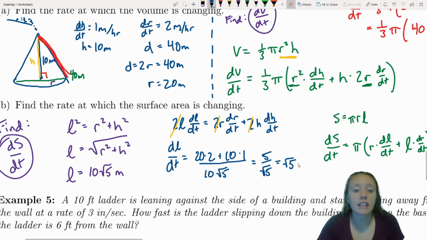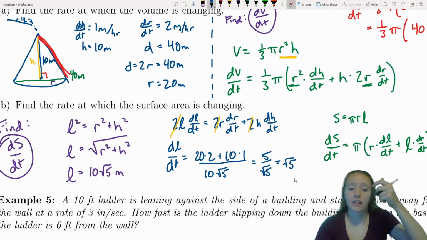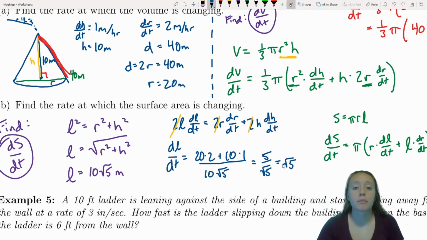So dl/dt is root 5, that's a length per time. My length is meters, my time is hours. So root 5 meters per hour is my dl/dt.